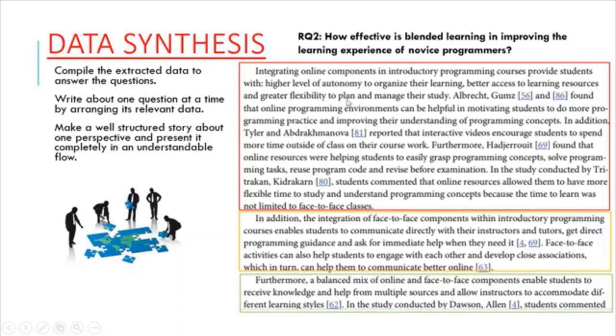So these are three different ideas being discussed in three different paragraphs with the help of several different studies which have been categorized into these different variants of blended learning. They are being discussed separately, with their strengths and weaknesses and how these approaches maybe evolved.